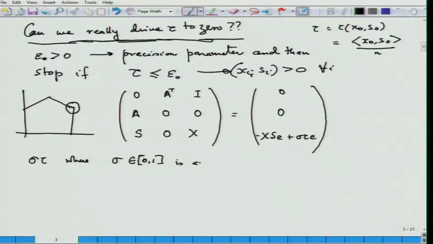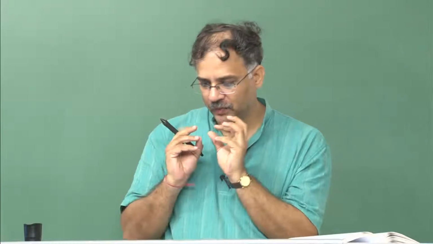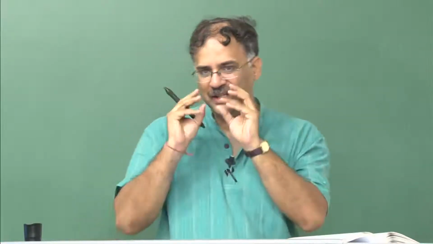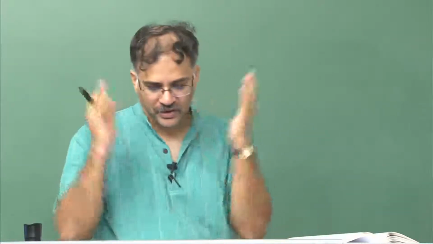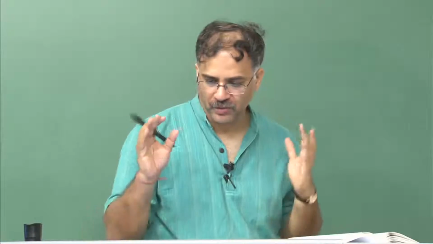So, I cannot find everything exactly equal to mu, but I am computing the system such that everything is not exactly equal to mu, but some fraction of the average, the fraction of the duality measure.